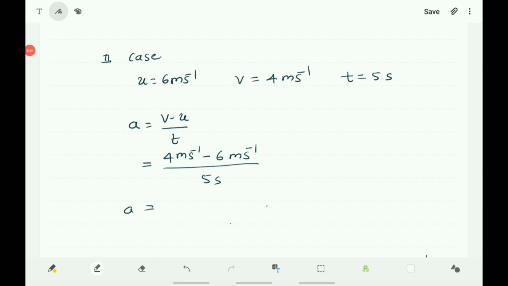4 minus 6 is minus 2 m/s divided by 5 seconds, and here you divide 2 by 5, that is 0.4.